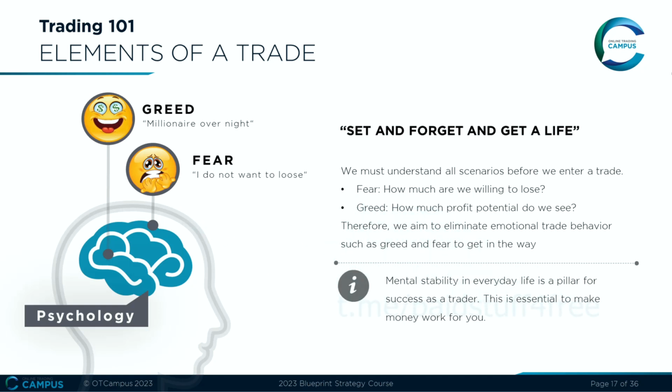Or the millionaire overnight concept, where, wow, I'm already at a 1 to 2 risk to reward. I'm already making $200 for sure. Now it's going to go to the moon, right?